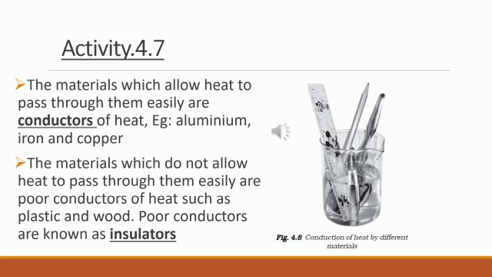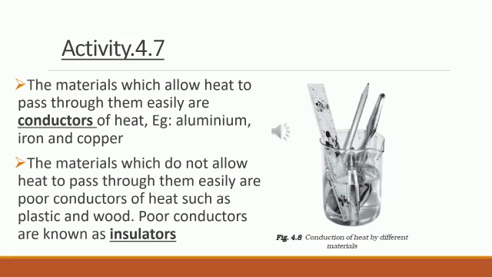Next, the materials which do not allow heat to pass through them easily are poor conductors of heat, such as plastic and wood, isn't it? We don't feel that hotness in the case of plastic or wood. So plastic and wood are poor conductors of heat.